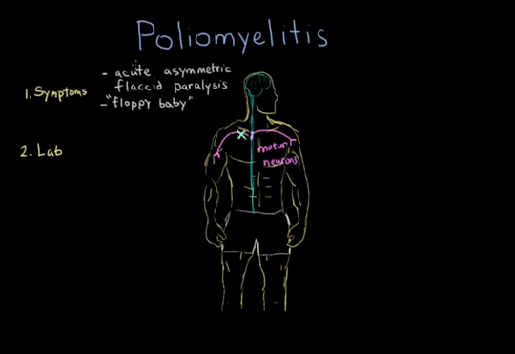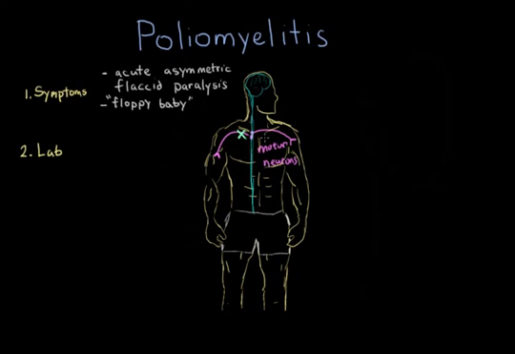So we've got acute, sudden onset, asymmetric, and flaccid. So there's really no innervation to that muscle, so the patient is weak. The baby is weak and appears flaccid. So you get this floppy baby syndrome. I'm not really great at drawing babies, so I just want you to picture in your mind's eye a baby that's just flopping on one side of the body, like their arm isn't able to move, and that should alert you to this asymmetric paralysis.